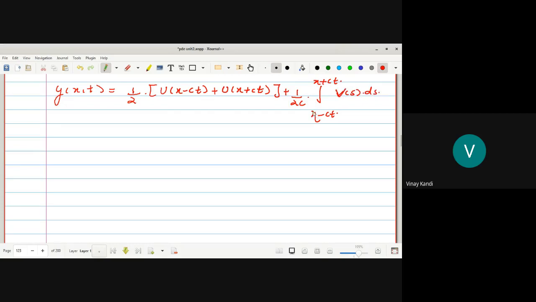So this is the solution of the one-dimensional wave equation for a semi-infinite string. Any doubt? You can ask if you have any doubts.